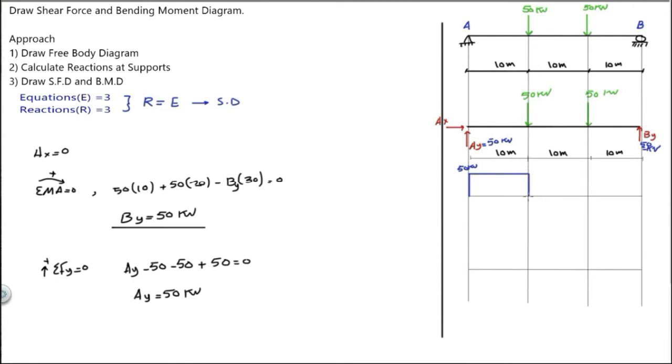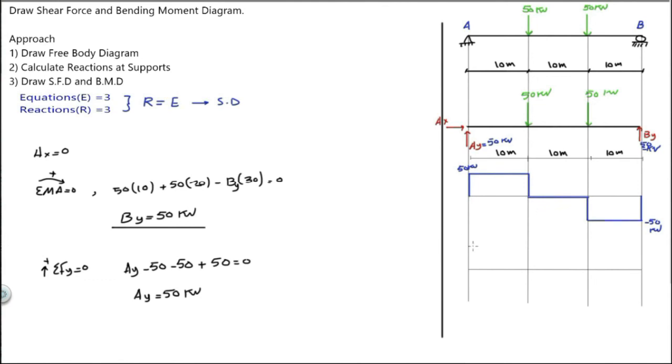Here nothing is changing. We go straight line. Here there is minus 50, so we go down by 50. Nothing is changing here. 0 slope. And there is plus 50, we go up 50. So this value here is minus 50 kilonewton.